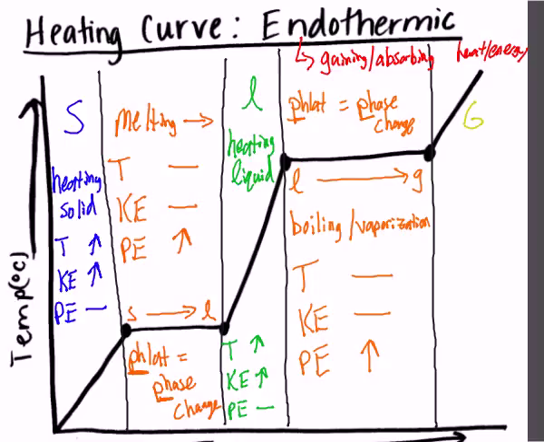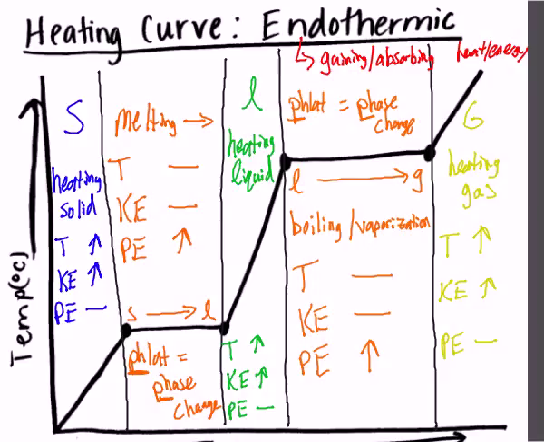There's our gas phase. All right, what are we doing to the gas? We're heating the gas. What's happening to our temperature? Kinetic energy. Potential energy. Remaining constant. All right, it's remaining constant.